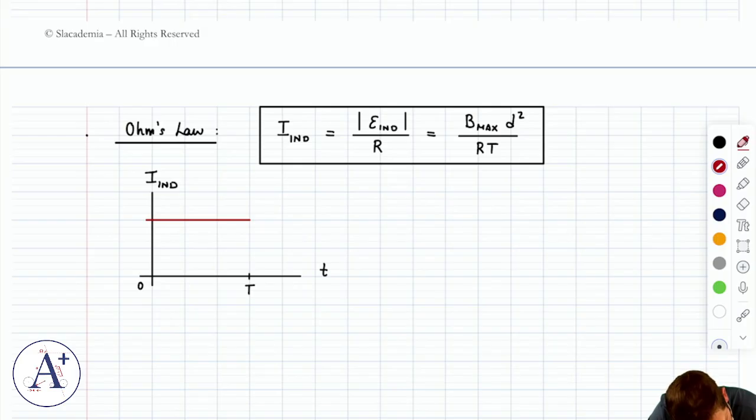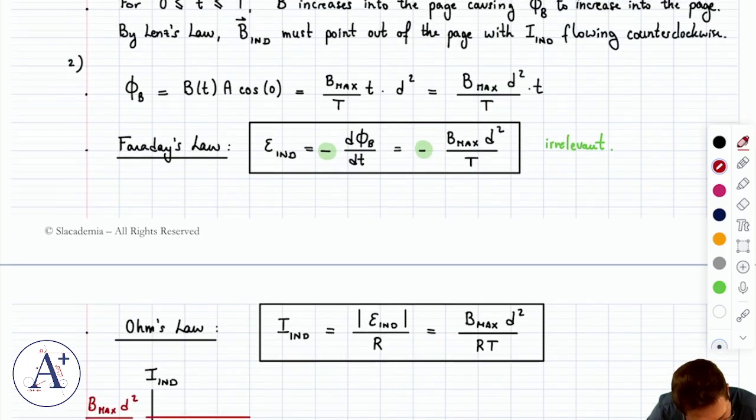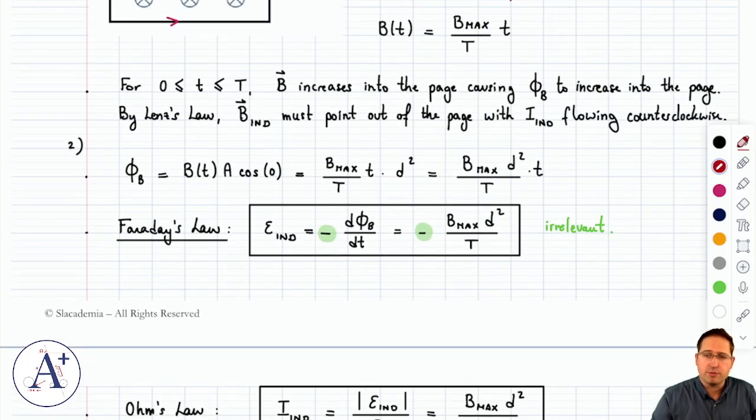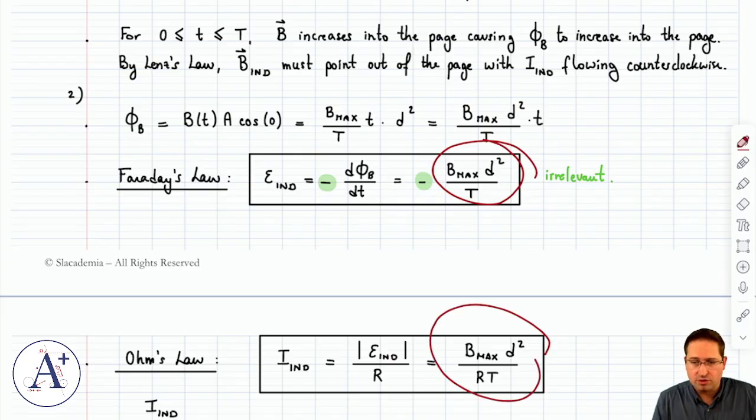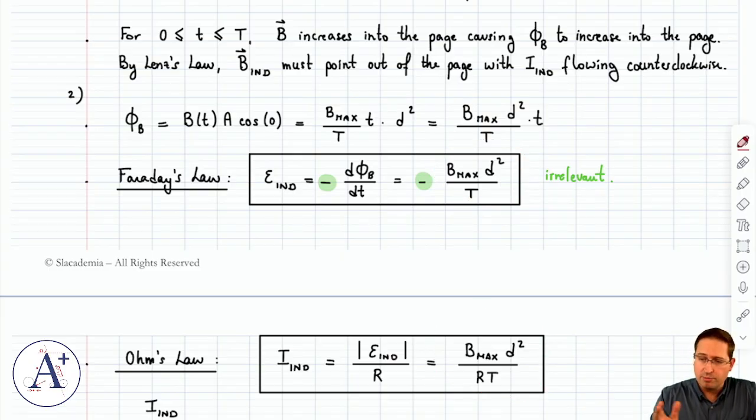No. Sometimes I induced will decrease or increase with time. It depends how complicated the expression of the flux is. Sometimes flux is more complicated than just a constant times time. That makes epsilon induced more complicated, and in turn I induced more complicated. But in this specific case, let's do the simple cases first.